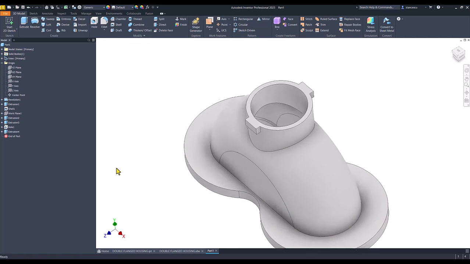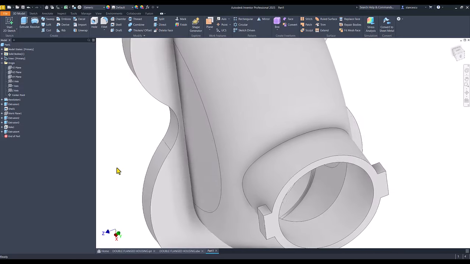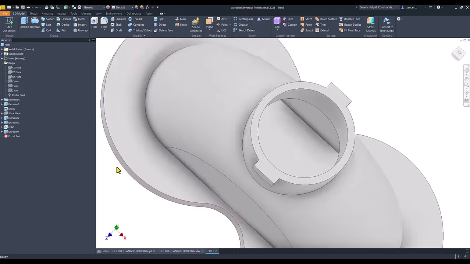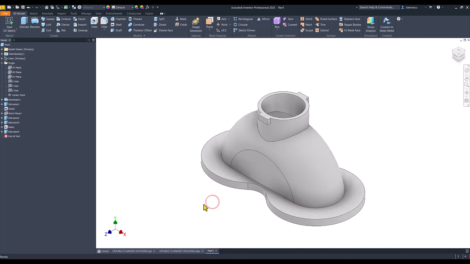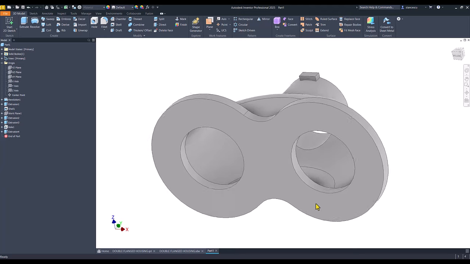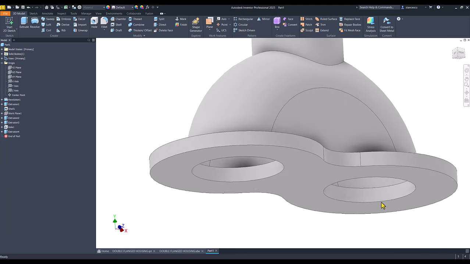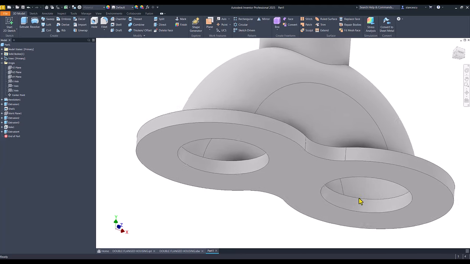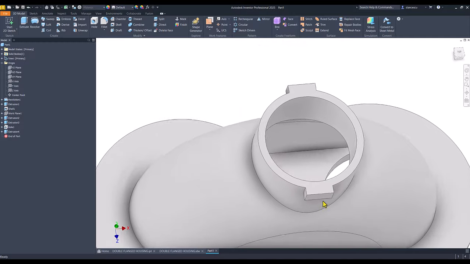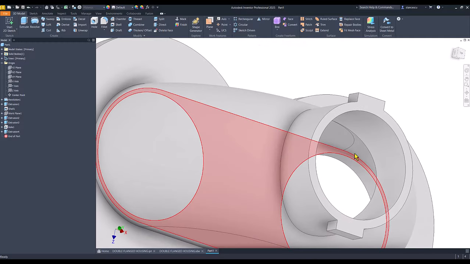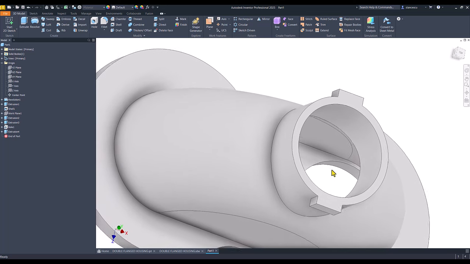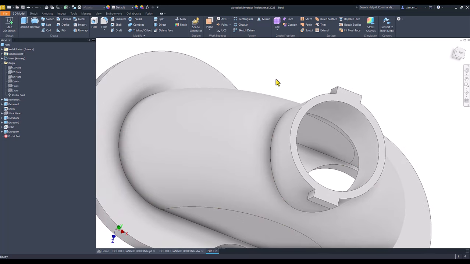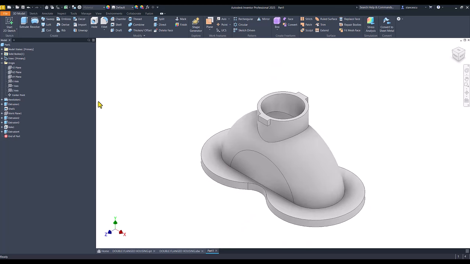Okay, now you see what happened here. Although I see here something not good, this must be here, and I suppose the thickness of the shell is wrong.